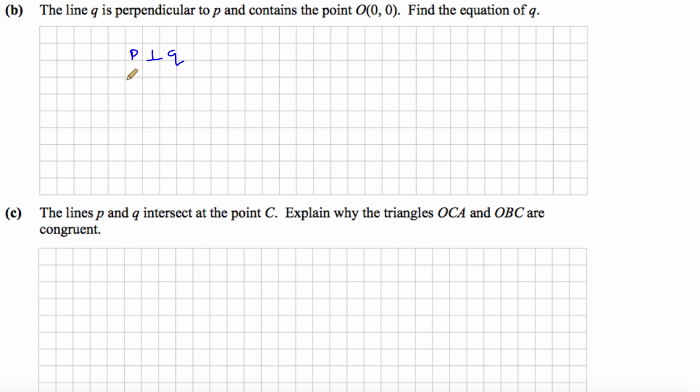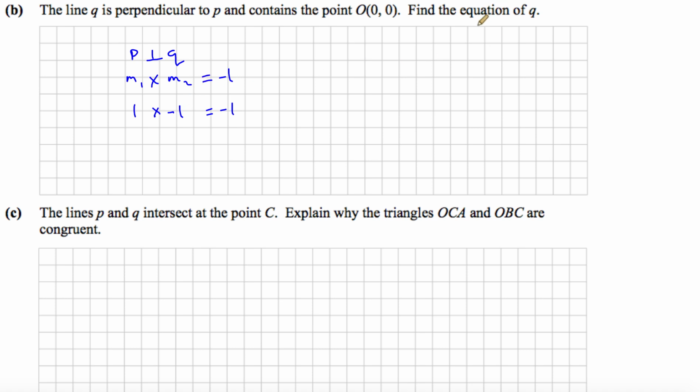So if the slope of P is m1 and the slope of Q is m2, if they're perpendicular, we can say that m1 times m2 is equal to -1 always. So we know the slope of P was 1, multiplied by something is equal to -1. So what do we multiply 1 by to give -1? Well, we multiply by -1. So the slope of the line Q is -1.